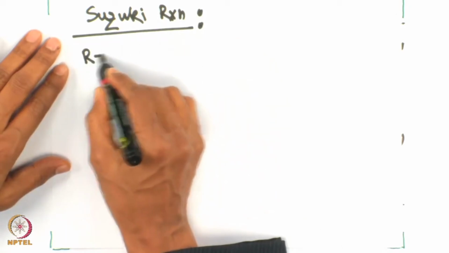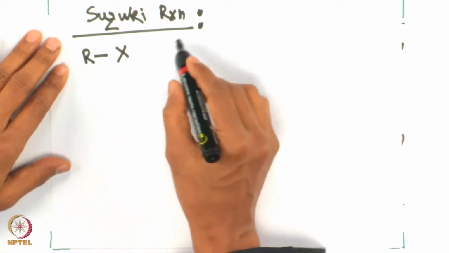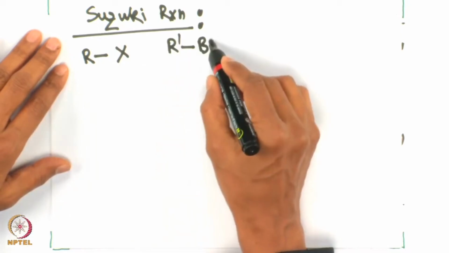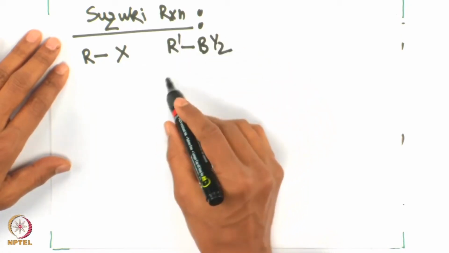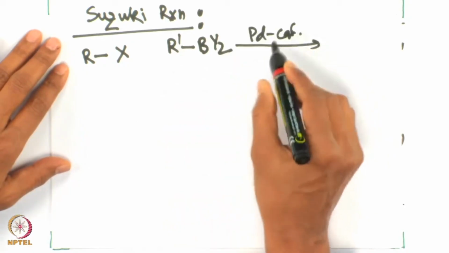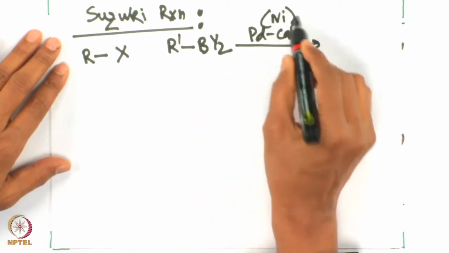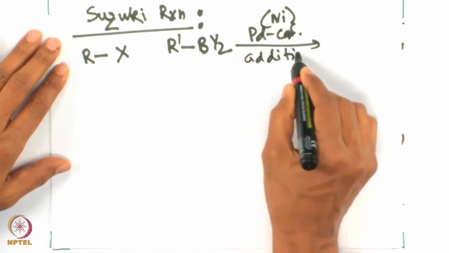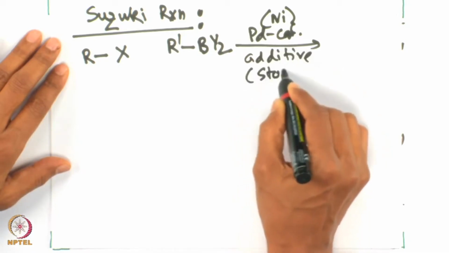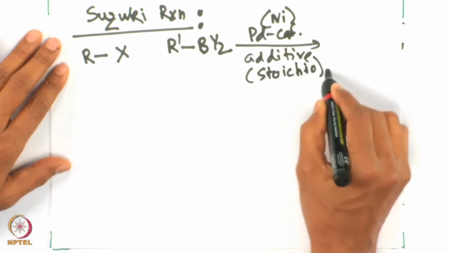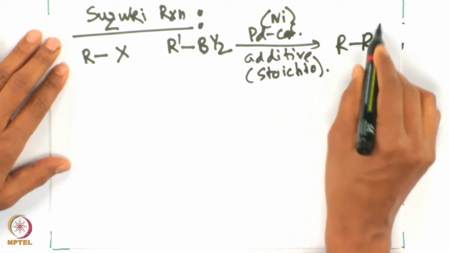So, the reagents used are an organohalide once again, and an organoboron reagent, BY2. A palladium catalyst is used, sometimes also nickel. Stoichiometric additives are usually used in this palladium catalyzed reaction, and you form R-R prime.